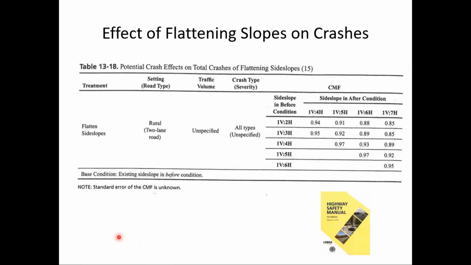So notice this particular table from the Highway Safety Manual. The treatment is flattening side slopes on rural 2-lane roads for all types of crashes. And you can see here the side slope before and then the side slope after. And of course, we're making the slopes flatter, and you can see a considerable difference here in the crash modification factors.